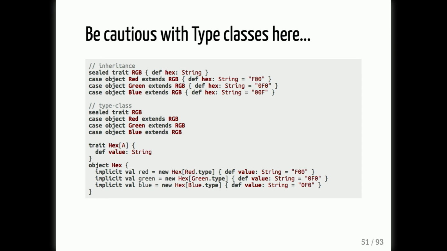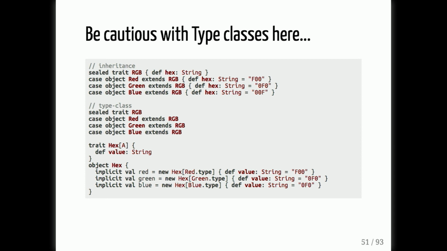Now, let's take a look at where type classes don't fit so well. Like inheritance, for example, if you control all of the objects or the types that you're using, and it's a small discrete amount, type classes are a little too heavy-handed, I think.